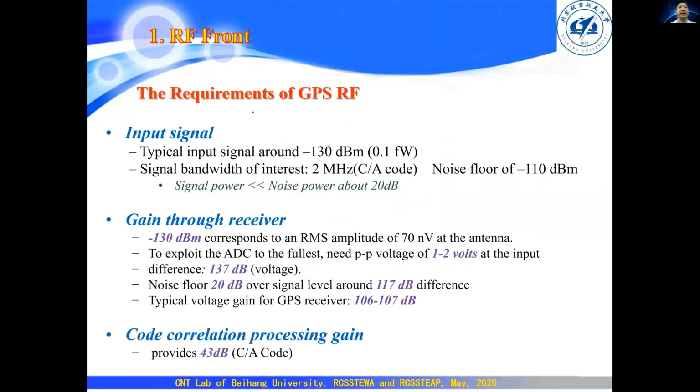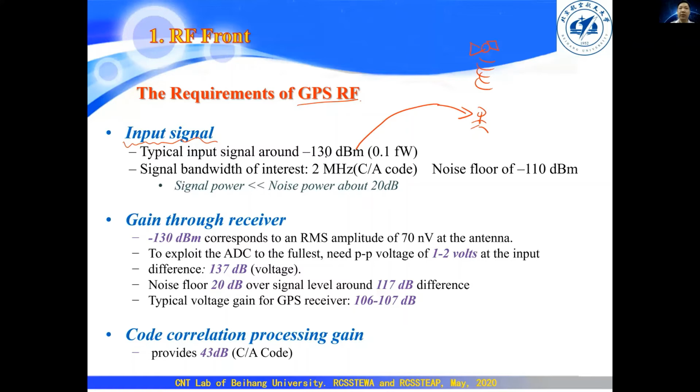Okay, so let's look in detail at the requirements of the radio frequency part. For the input signal, when the satellite transmits the signal down to you, typically the signal strength is -130 dB milliwatt.